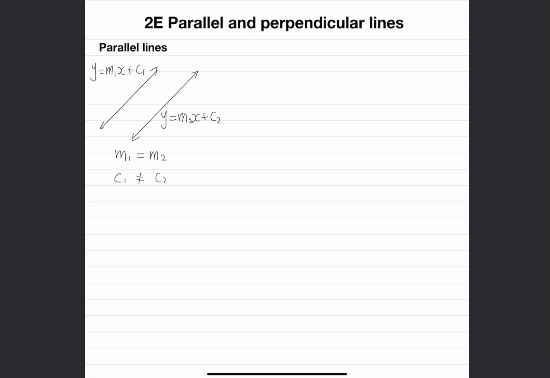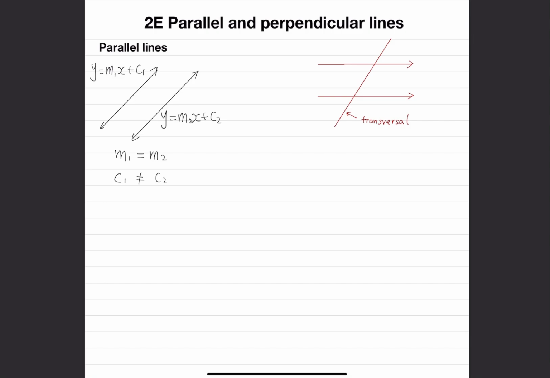In order to prove this, we need to use the concept of angle relations in parallel lines. I'll just quickly recap the angles in parallel lines. First of all, you see these two lines are parallel, and then I draw the third line, and this line is called the transversal line.